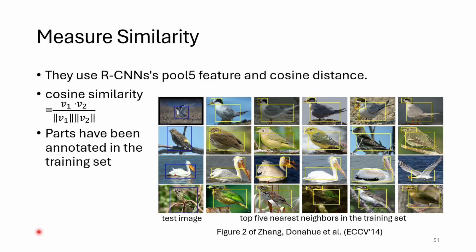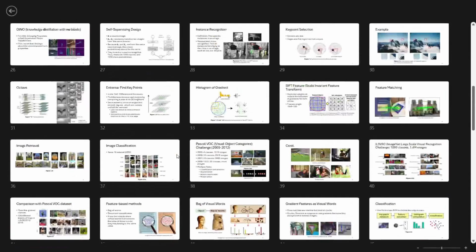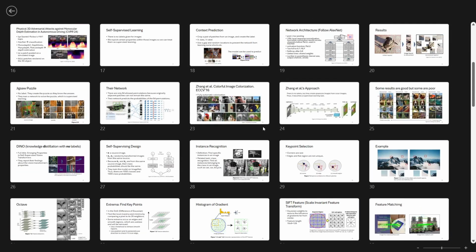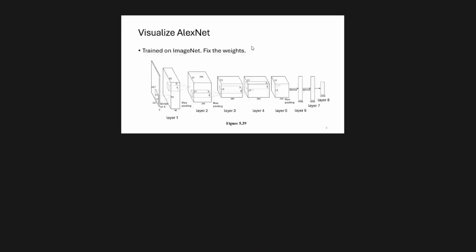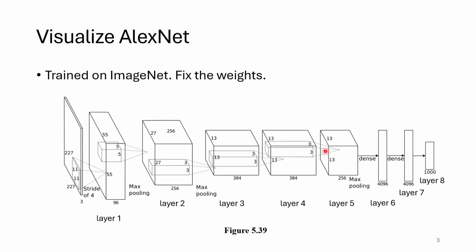Okay, let's go back to AlexNet. Here in AlexNet, in layer 5, we still have the spatial information, but in layer 6 and layer 7, we only have a long vector.